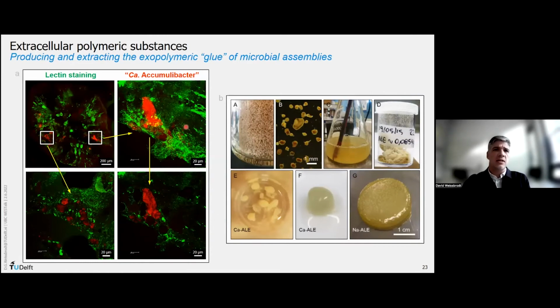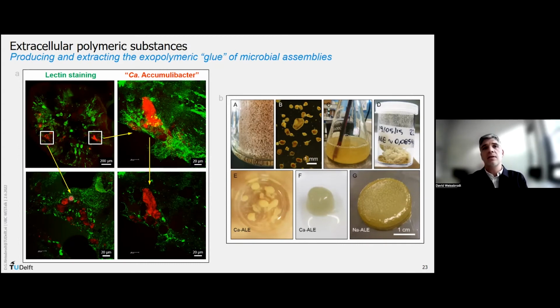Using confocal laser scanning microscopy, you can co-localize the organisms, here displayed in red, like Accumulibacter, this organism that removes phosphate, that was here hybridized with fluorescence in situ hybridization, and the lectin staining in green to display the glycoconjugates. And you see the organism in this matrix of polymers, or surrounded by this matrix of glycoconjugates here.